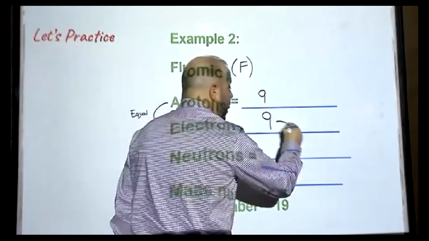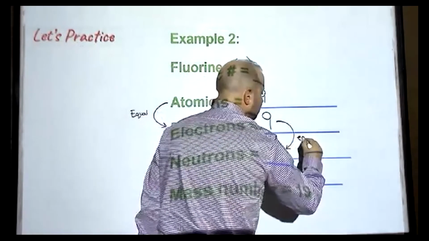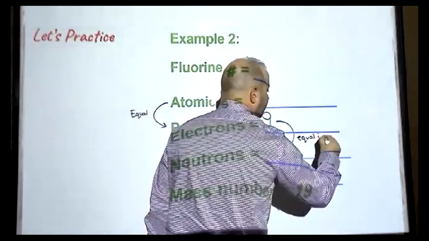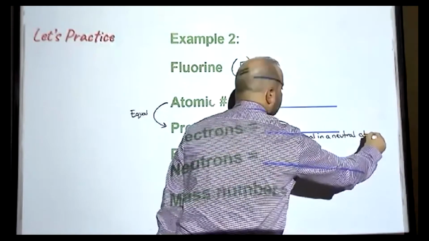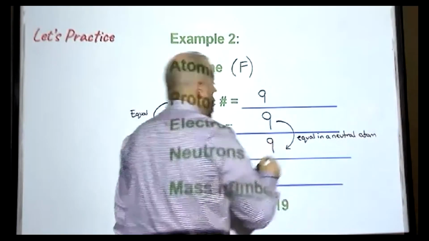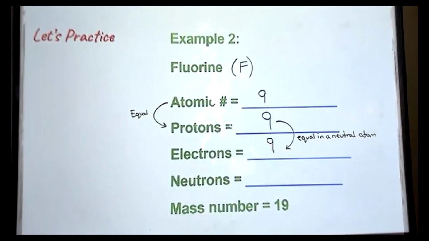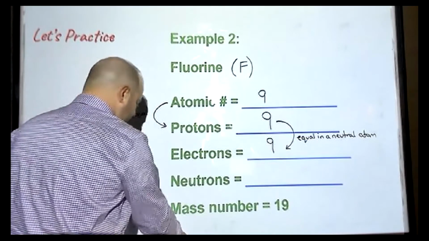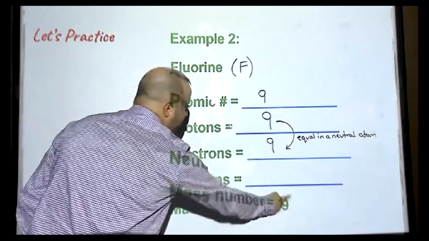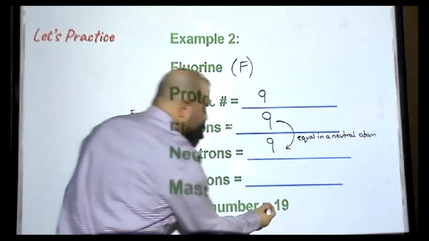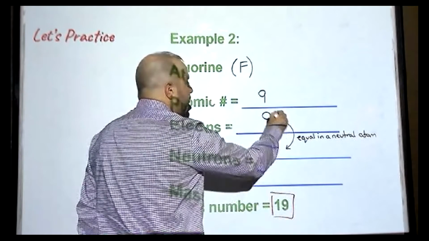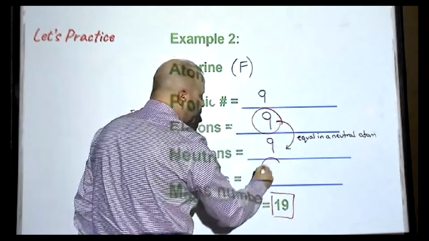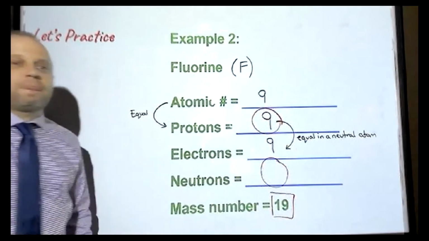And if we're talking about a neutral atom, which we are today, this number is also going to be 9. Now, to get the last piece, to get this mass number, which is equal to 19, we had to add together protons and neutrons.